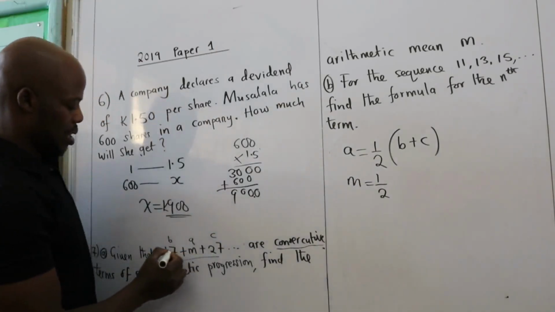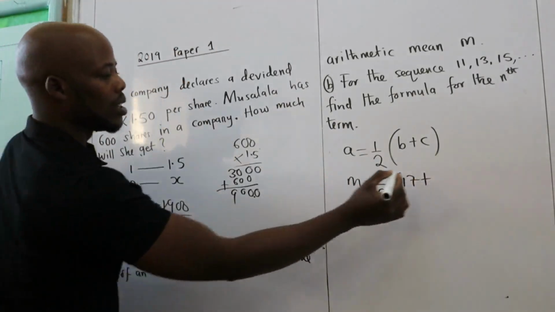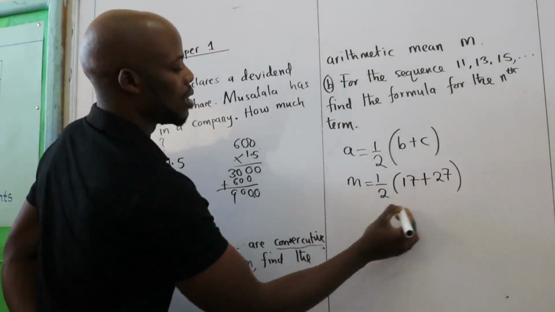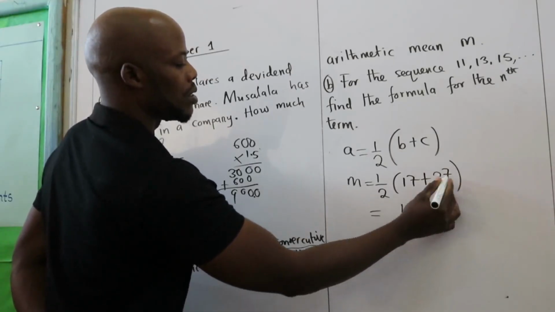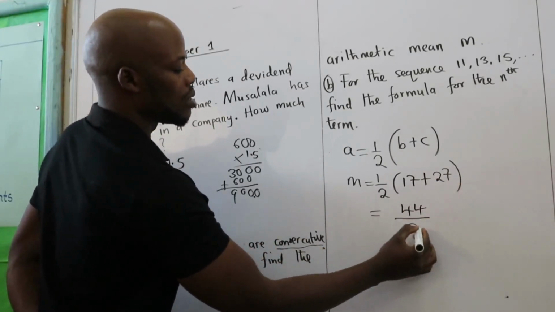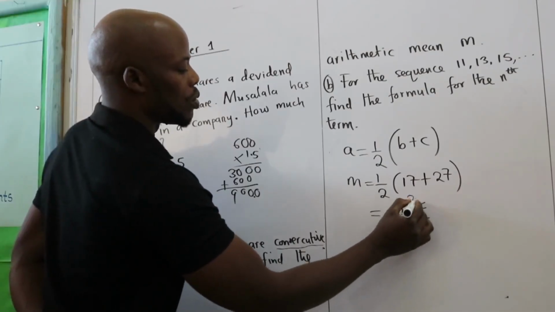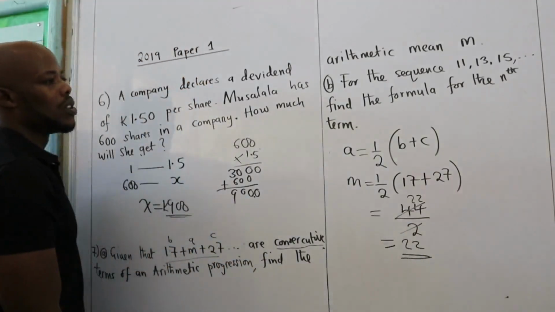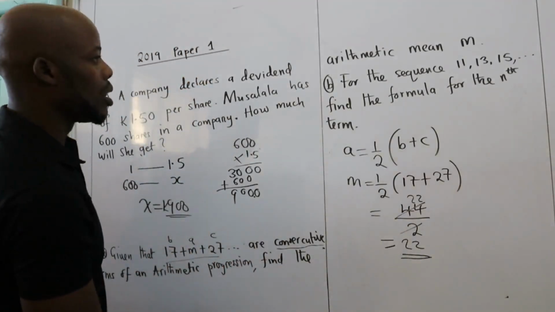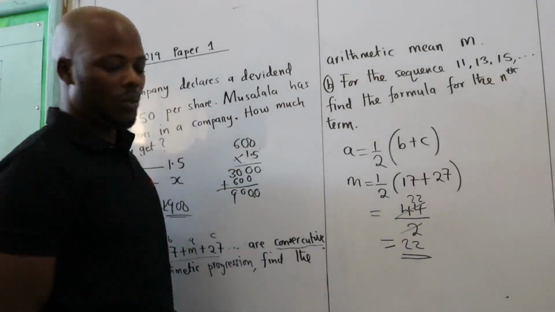At B, there is 17. At C, 27. Such that when we add here, we have 44. What is inside here? Divide by 2. And our mean will be equal to 22. Arithmetic mean is 22. So that's our arithmetic mean, M, over here. We now go to the next question.